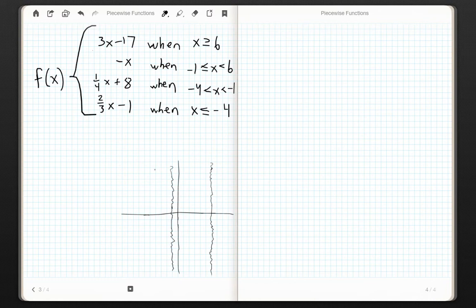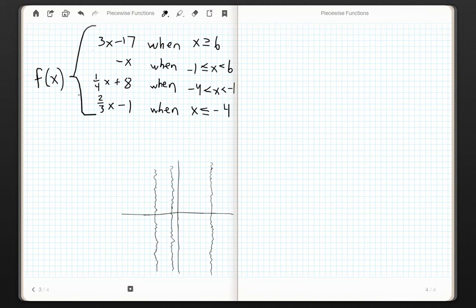And another one at x equals negative 4. So now, this line is only included where x is greater than or equal to 6.